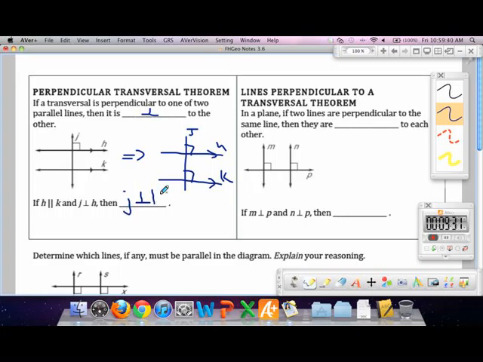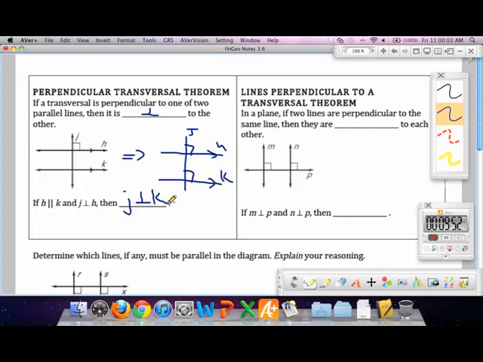Conversely, if we start with the reverse picture, if you start with two lines that are perpendicular to the same line, then what do we know about the relationship between these two lines? These lines must be parallel. And why would they be parallel?